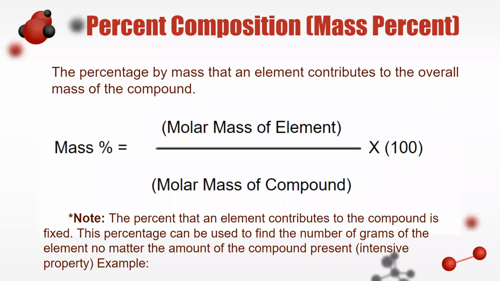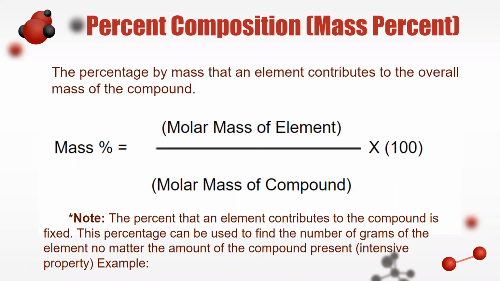So moving on to percent composition or mass percent. That is basically going to be you figuring out what percent any particular part of a compound is of that entire compound. So our formula here, mass percent, is going to be molar mass of your element divided by molar mass of your compound.